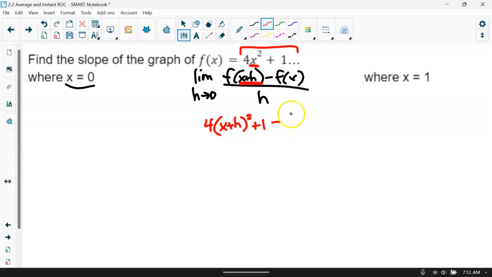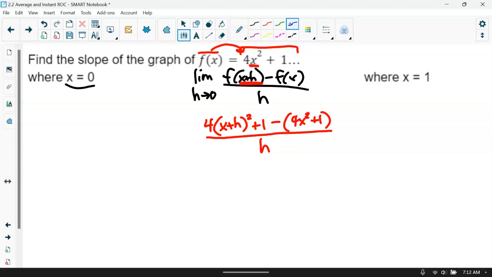Now minus the f of x function, which is, what is f of x? 4x squared plus 1. Now notice, keep it grouped together in parentheses because we're going to have to distribute over h. So now, here we go.